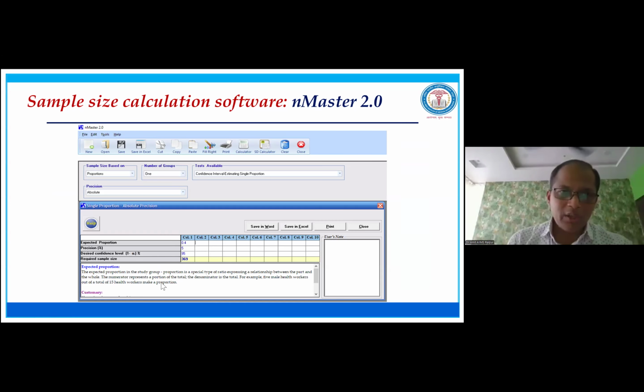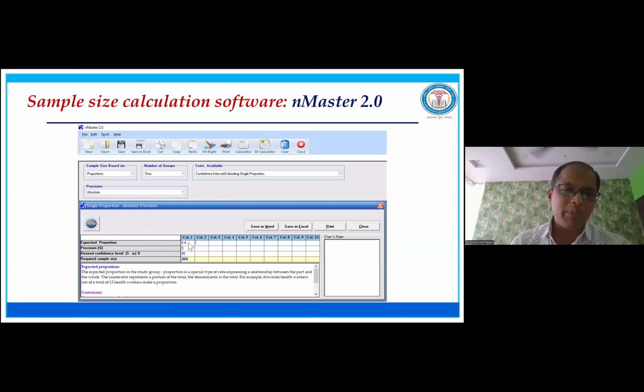Here I have calculated the sample size for a cross-sectional study where my objective is to find out the proportion of people having a particular condition. So I just entered 0.4, that is 40%. I got this from the literature, where a study reported that the particular disease is 40% prevalent.